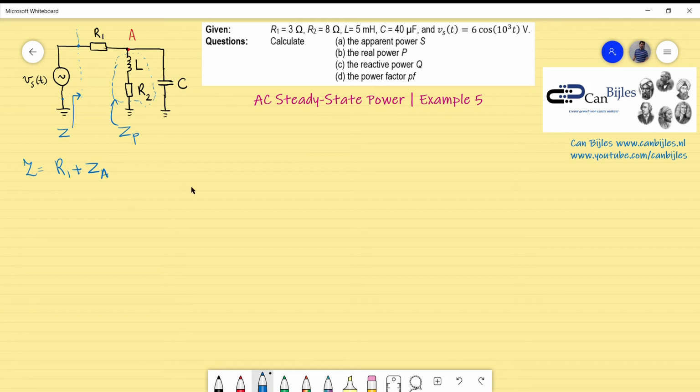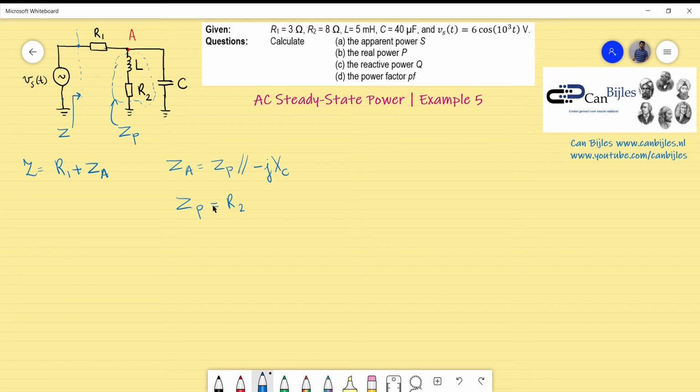But I also need the value of ZA. So what is ZA? ZA is equal to ZP in parallel with the capacitor reactance, XC.